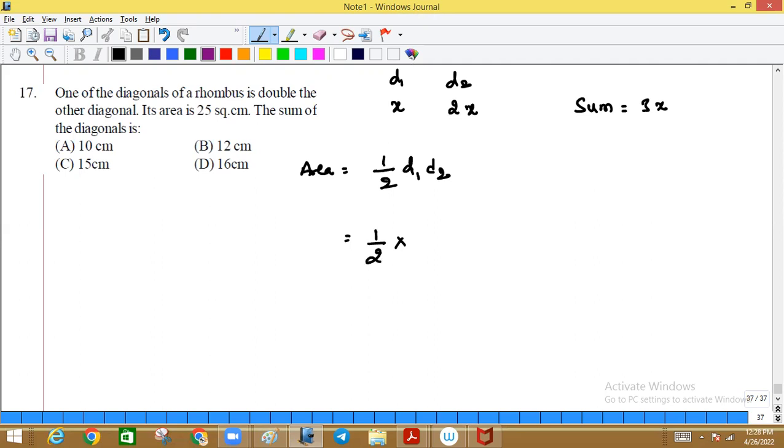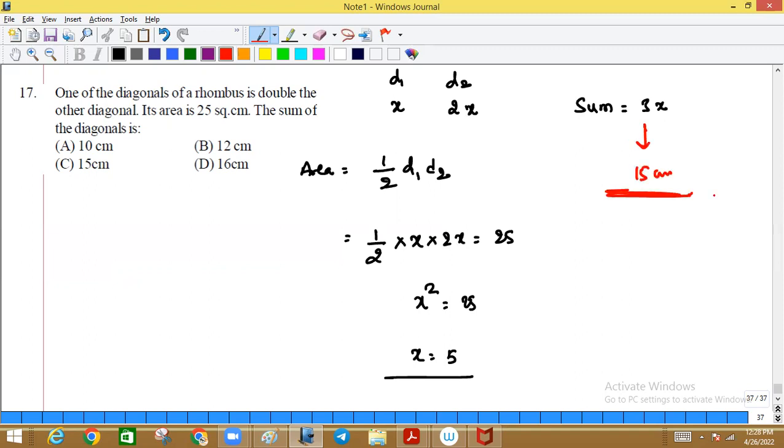That's half into x into 2x is equal to 25. x square equals 25 means what is x? x is 5. What is the sum? Sum is 15 centimeters. Is that clear? Okay.